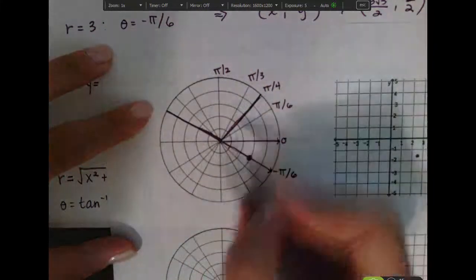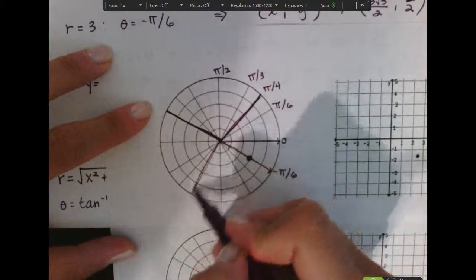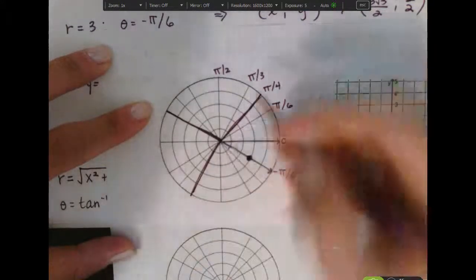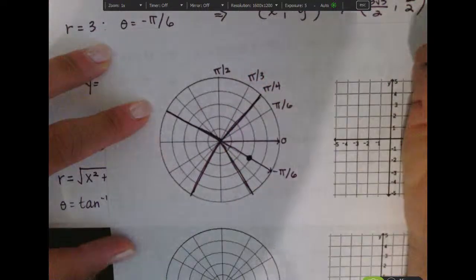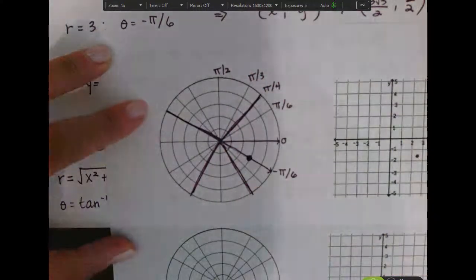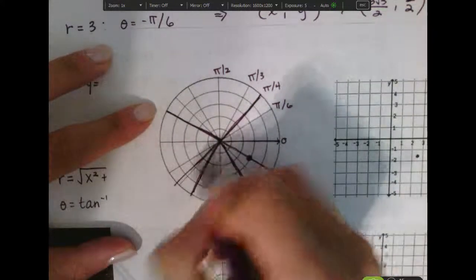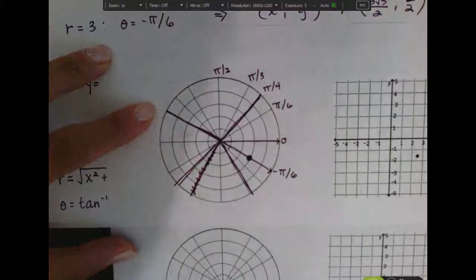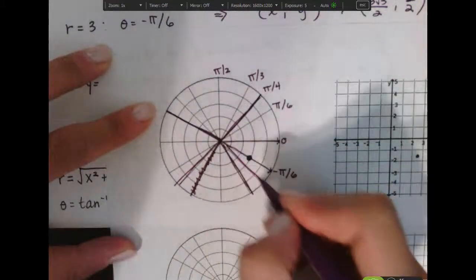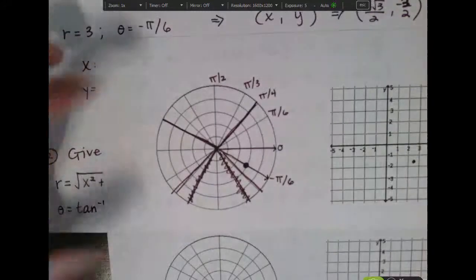So pi over 4, 3 pi over 4, 5 pi over 4, 7 pi over 4, whoops. I did not draw those lines very nicely. It should actually be this one right here, and not this one. And then over here it should actually be this one, and not this one. Sorry about that, need to draw a little more carefully.